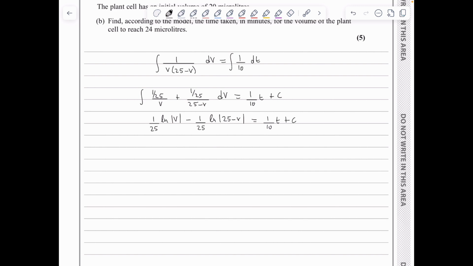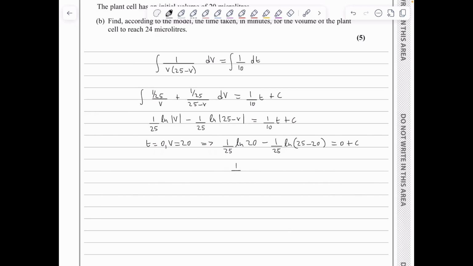Now I'll be using the fact that when t is 0, v is 20, so that I can find the value of the constant c. This means that we've got 1 over 25 ln of 20 minus 1 over 25 ln of 25 minus 20 is equal to 0 plus c.